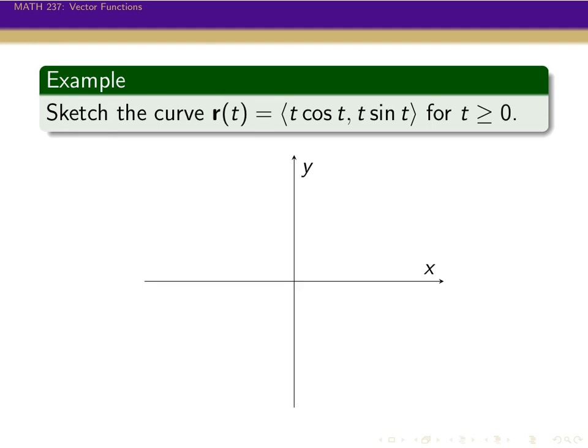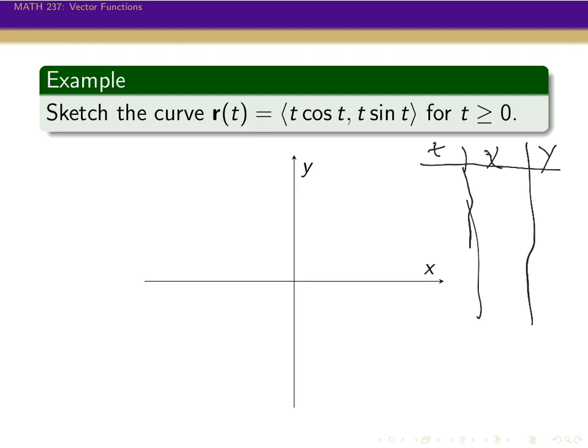Okay, so here is a vector function. r of t is t cosine of t, comma t sine of t. And let's try drawing this out for t greater than 0. Okay, and so the way we're going to do this is we're just going to start by plotting points. Right, so let's look at values of t, what x is going to be, and what y is going to be.